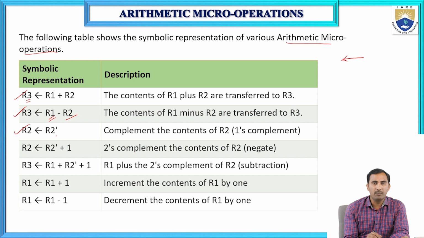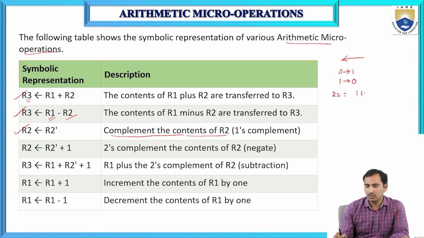Then complement of R2, complementing the contents of R2. Complementing is nothing but if the register contains 0, it will be converted into 1, and if the register contains 1, it will be converted into 0. Suppose the R2 register contains 1 0 1 0 0 0 1 1.